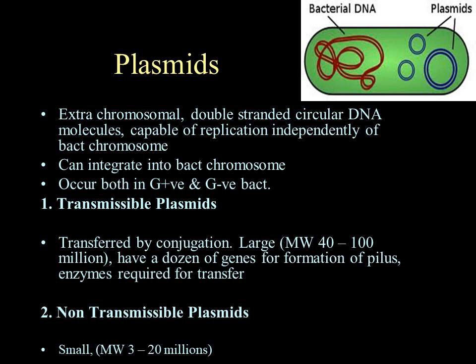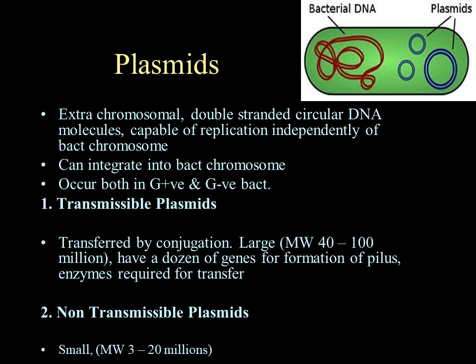Apart from the basic chromosome of bacteria, the genes are also present in two other forms, the plasmids and the transposons. Plasmids are extrachromosomal double-stranded circular DNA molecules capable of replicating independently of the bacterial chromosome. They can integrate into a bacterial chromosome.